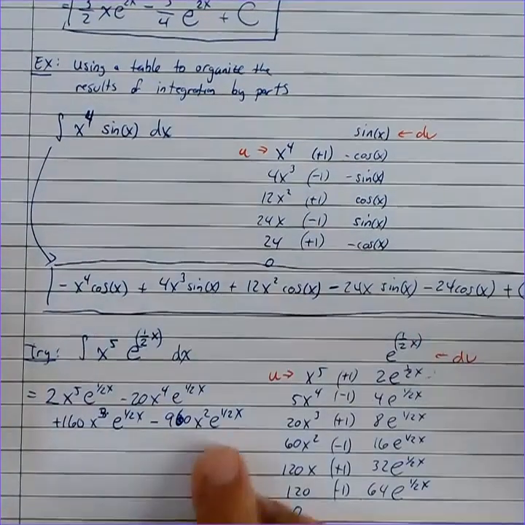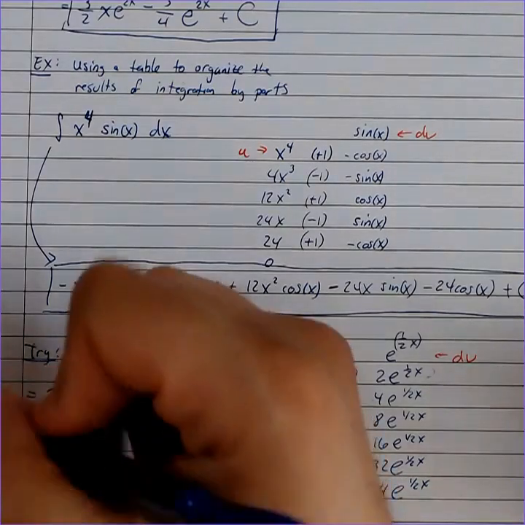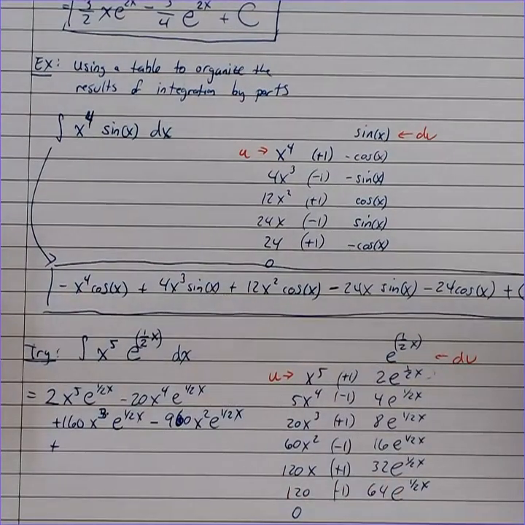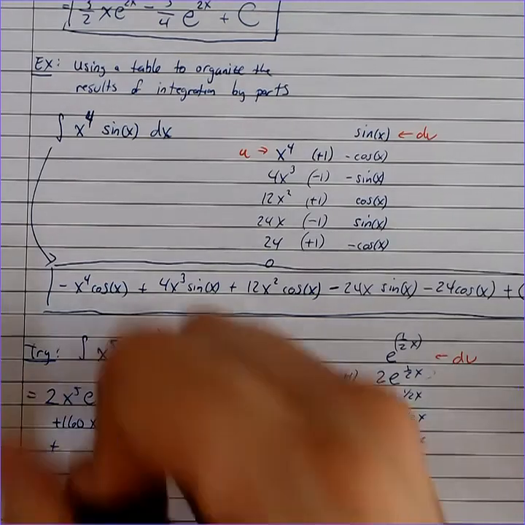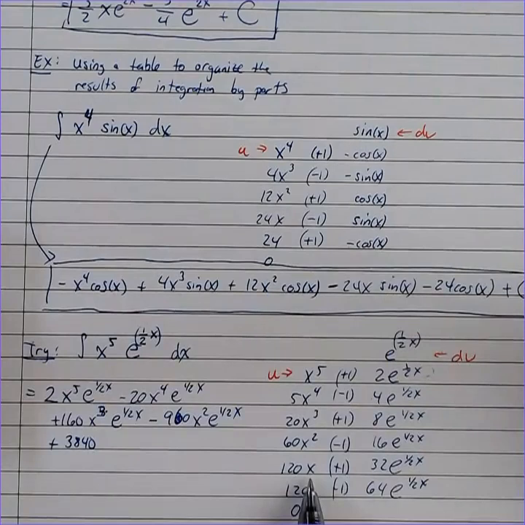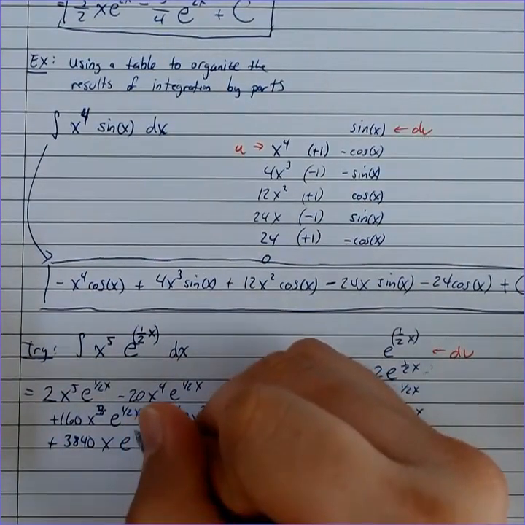There we go. The next one would be this one. So we're going to add 120 times 32. That'll be 3840 x to the first power. We can just write x e to the 1/2 x.